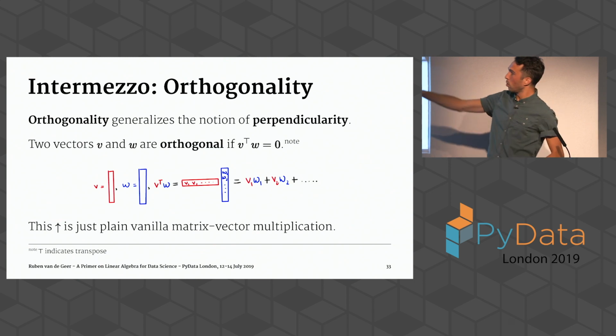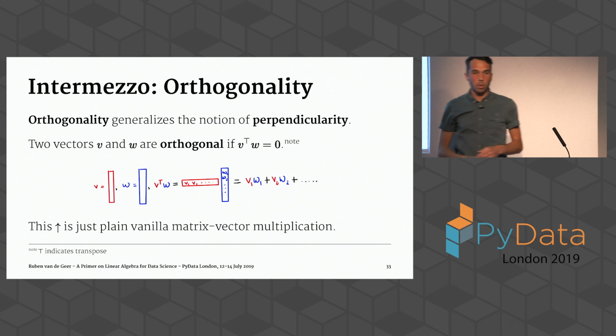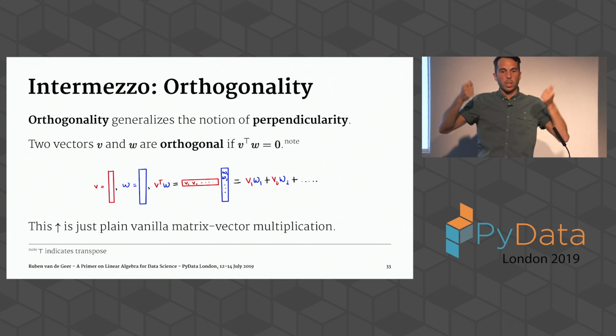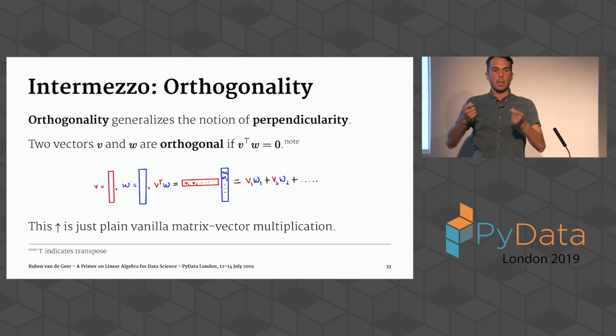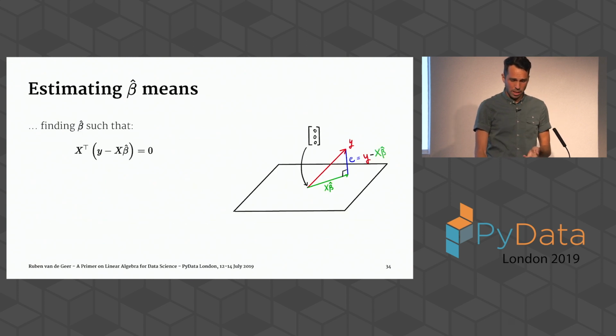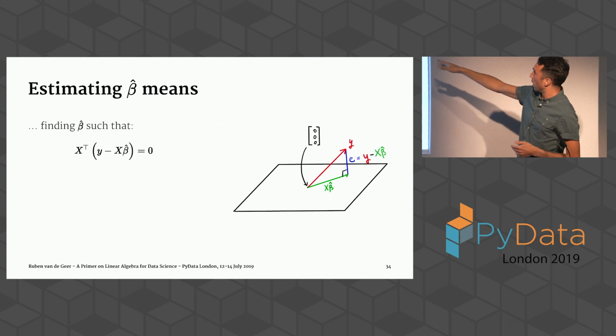So this is the condition. You have v and w, like a red and a blue vector. And basically, if the sum of all these elements is 0, then they are orthogonal. They point in different directions. You can think of it as all these terms cancelling out. It's called orthogonality.